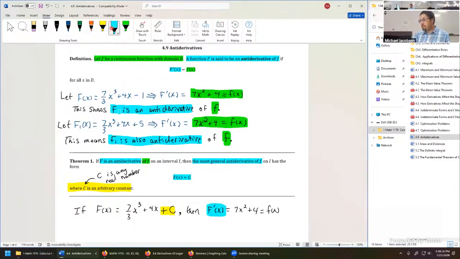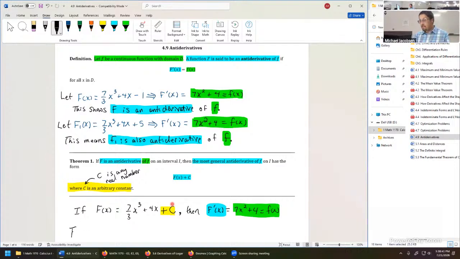So we were able to differentiate some function F, get lowercase f of x once again, and if we can do that with an arbitrary constant, we'll call it the most general antiderivative of f. That takes a lot of oxygen to say, so instead we often abbreviate this with the understanding it's not one function, there's infinitely many different functions there.